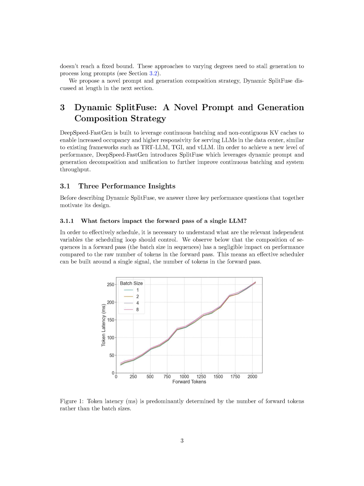DeepSpeed-FastGen overcomes these limitations by leveraging the dynamic split-fuse technique, offering higher throughput, lower latency, and improved tail latency compared to state-of-the-art systems. It achieves this by combining DeepSpeed-MII and DeepSpeed-Inference to provide an easy-to-use serving system.